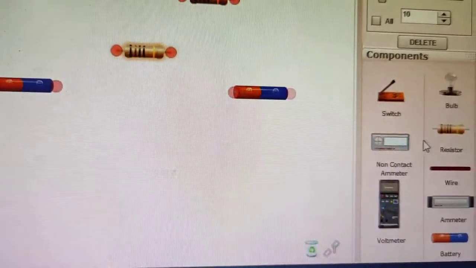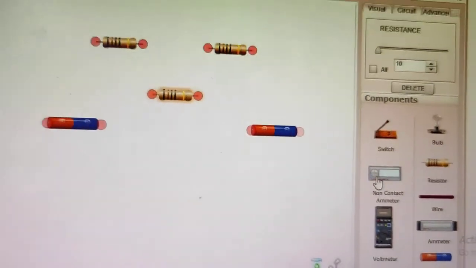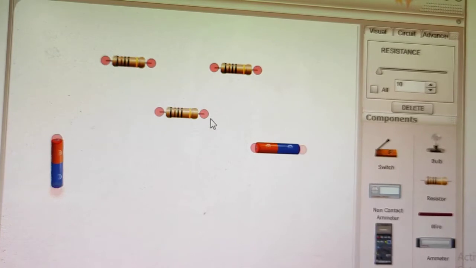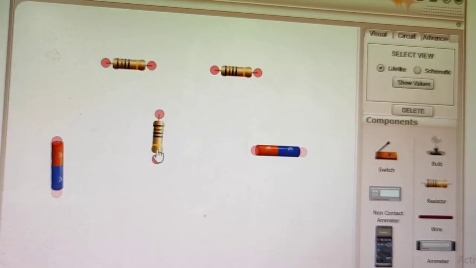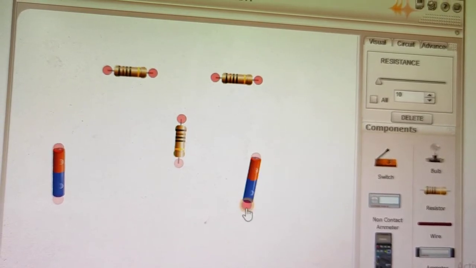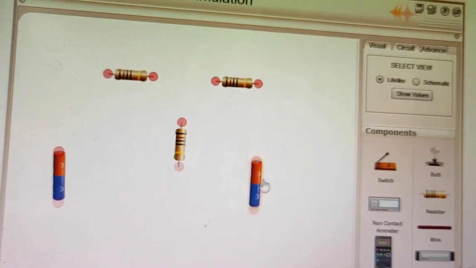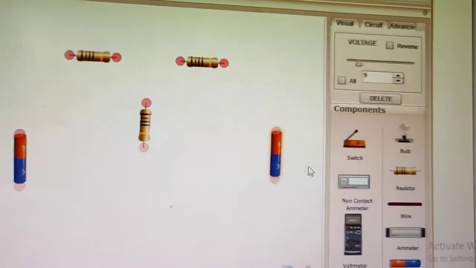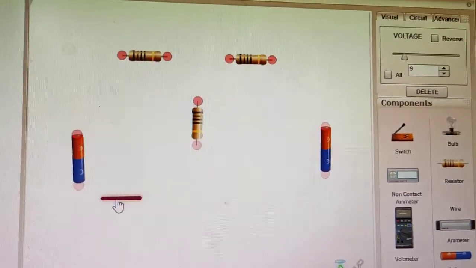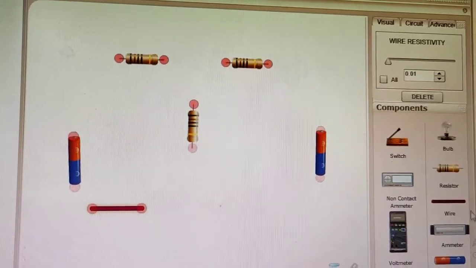This is a non-contact ammeter. We can place it afterwards in the circuit. So just rotate the resistors. Now this is the wire. You have to take this wire for doing the connections.